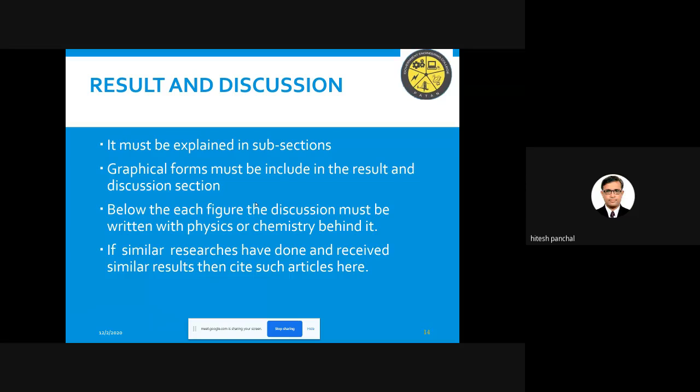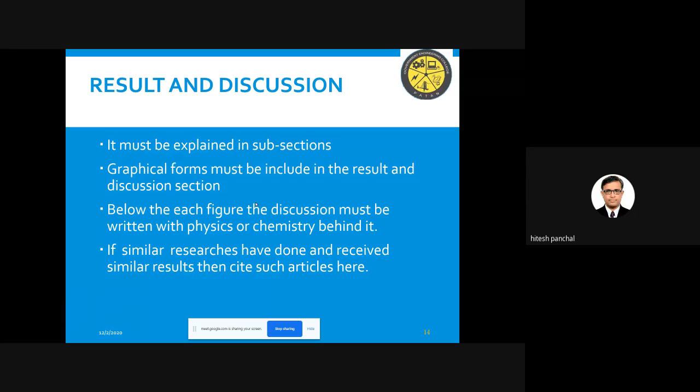Otherwise, sometimes the reader does not properly understand what work you have carried out in the result and discussion, or what results you have obtained. That is why it is most important that you use subsections in the result and discussion. Then the graphical forms.